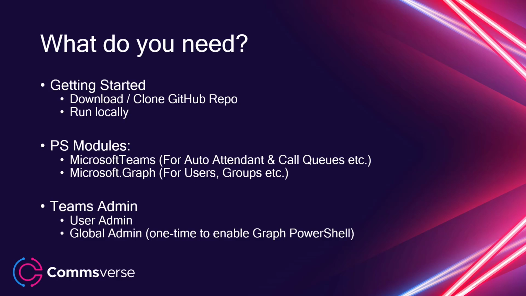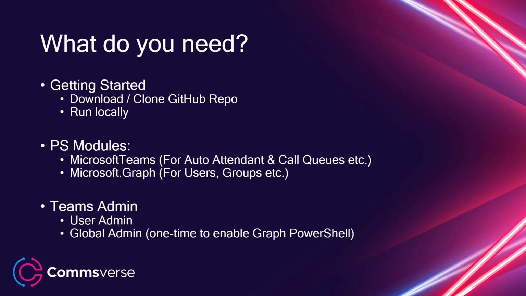So what do we need to get started? You can just download the repository or the script and the code from GitHub, and it's usually run locally. Of course, if you want to, you can also install or save this on a server and run it automated if you have the credentials, so you can always periodically update the documentation of your call flows.